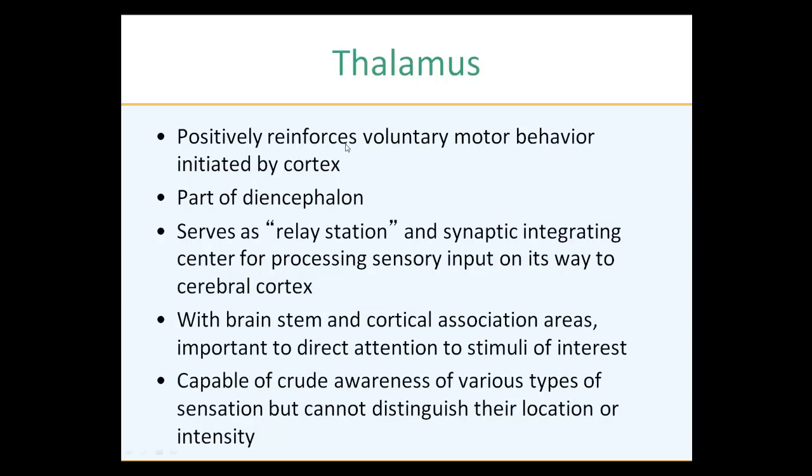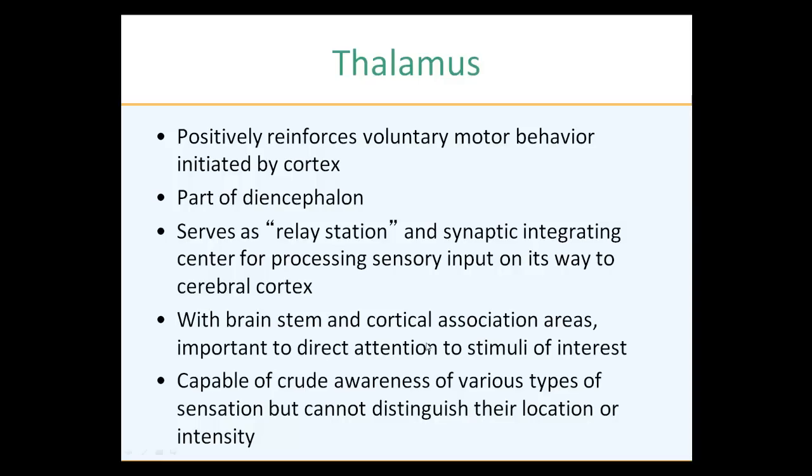And it is a relay station. It controls the information going between the cerebral cortex and the brainstem and the spinal cord. It's also capable of what we call crude awareness, but it does not distinguish because it's a relay center.